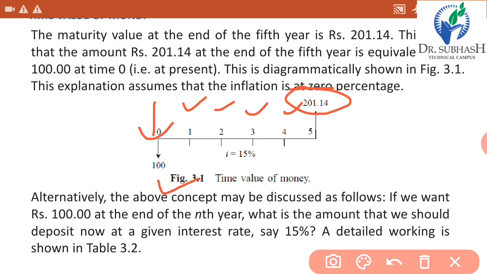Alternatively, the above concept may be discussed as follows. If we want 100 rupees at the end of the nth year, what is the amount that we should deposit at a given interest rate, say 15%? A detailed working is shown in Table 3.2.